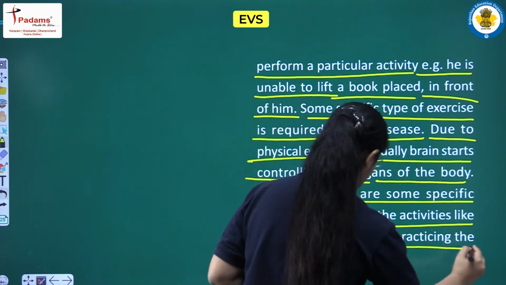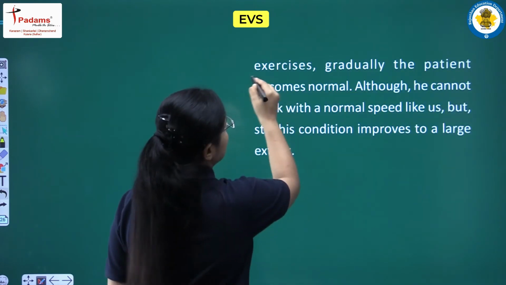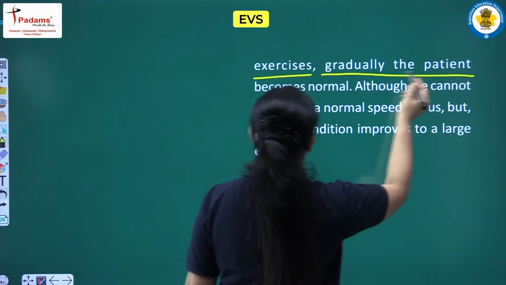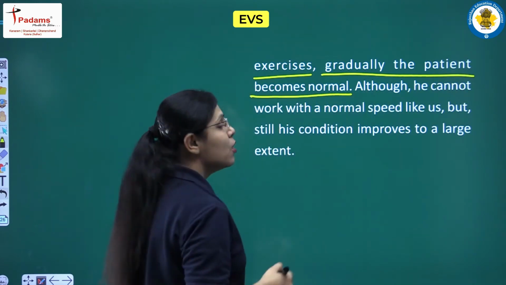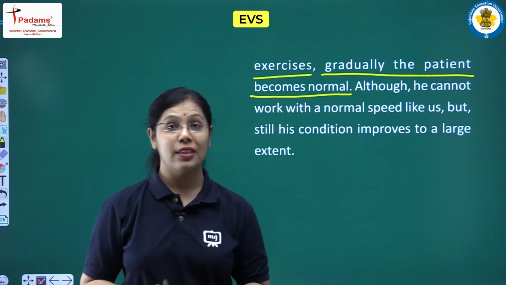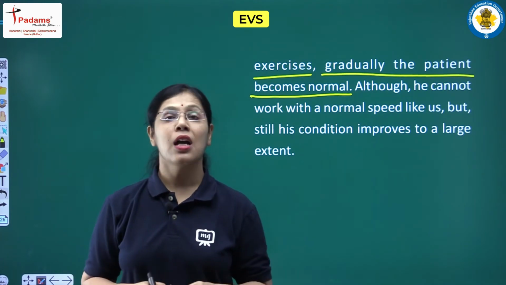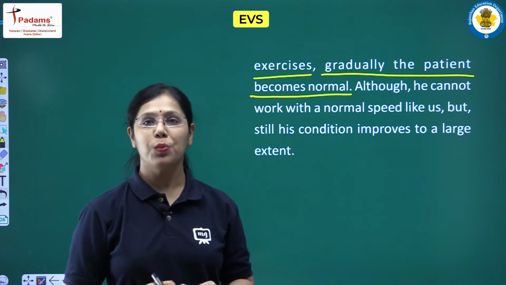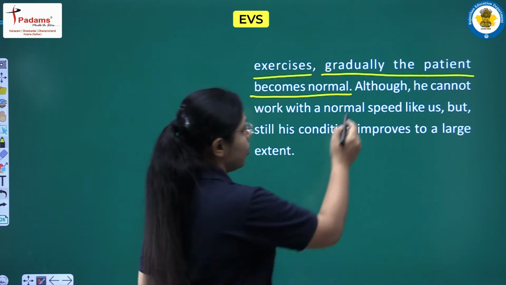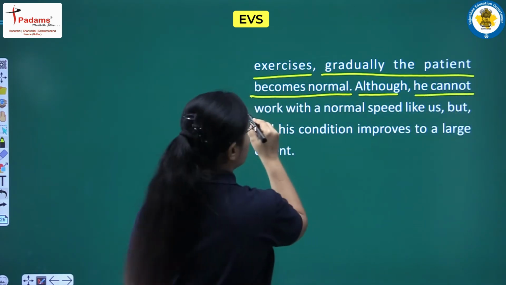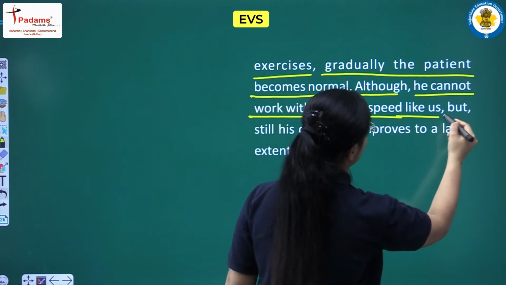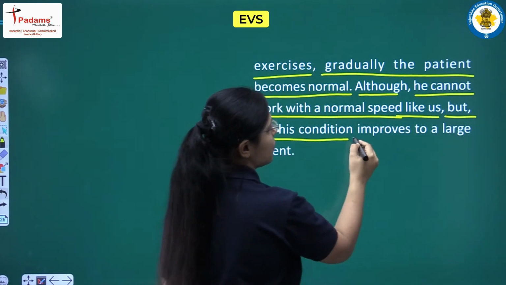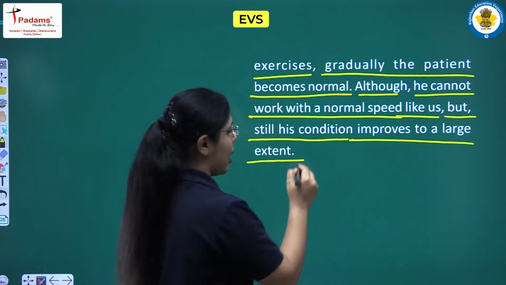By practicing the exercises, gradually the patient becomes normal. So after a lot of different exercises, when these exercises are practiced on a routine basis, finally the patients become normal. Although he cannot work with a normal speed like us, but still his condition improves to a large extent.